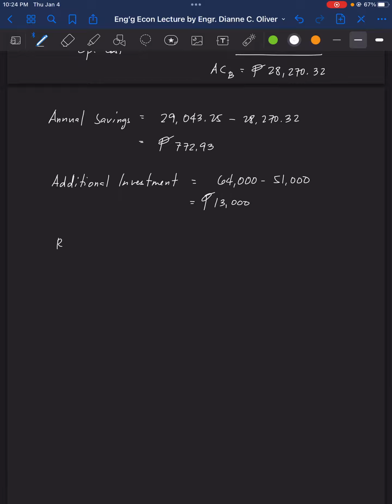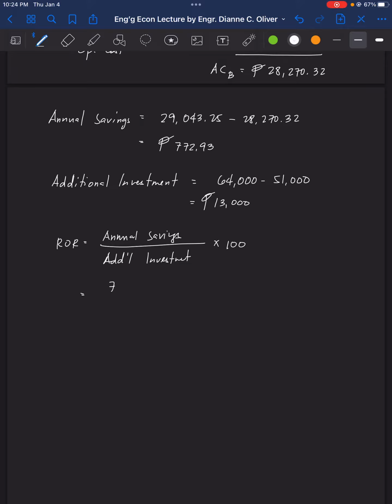Therefore, our ROR is equal to annual savings divided by the additional investment times 100.